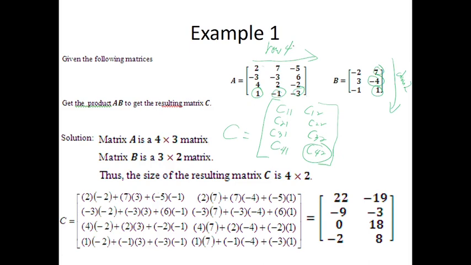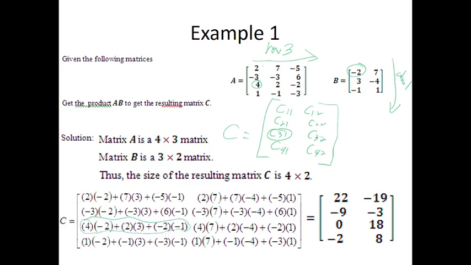So let's look at C31. Row 3, column 1. Row 3, column 1. This is 4 times negative 2.